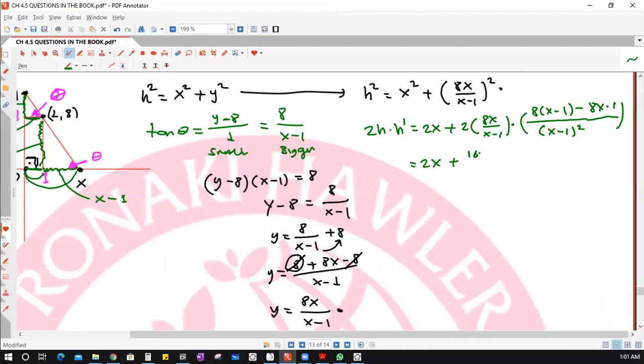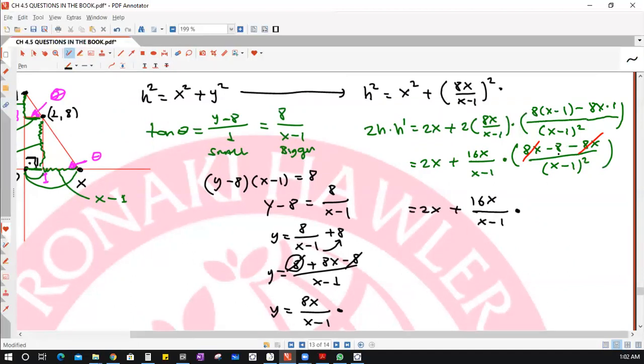And then this is 2x plus 16x over x minus 1 times, open the bracket here, 8x minus 8 minus 8x, all divided by x minus 1 squared. So we can cancel 8x and negative 8x, and we can continue: 2x plus 16x over x minus 1 times negative 8 divided by x minus 1 squared.